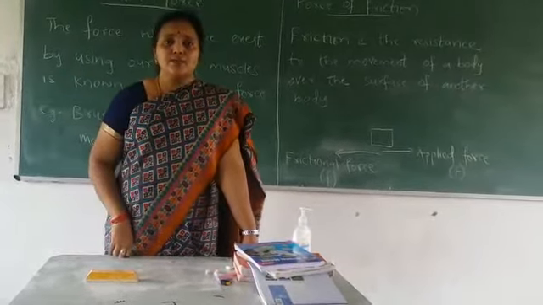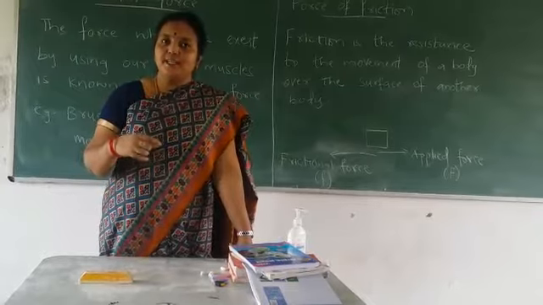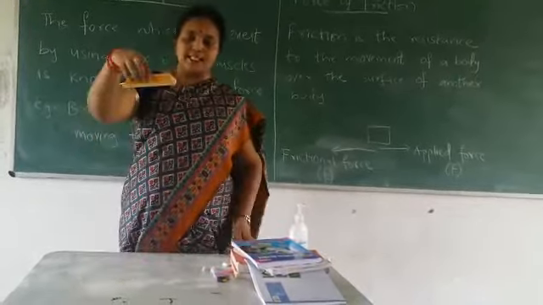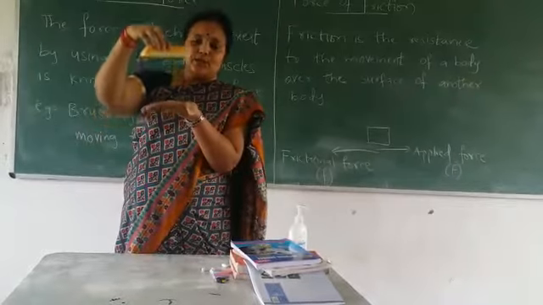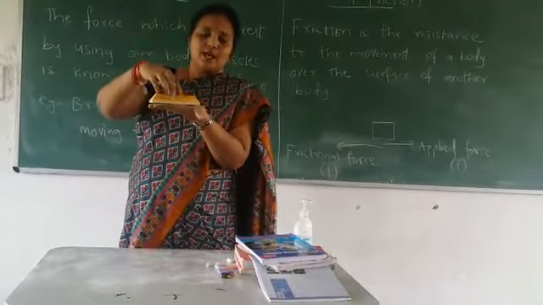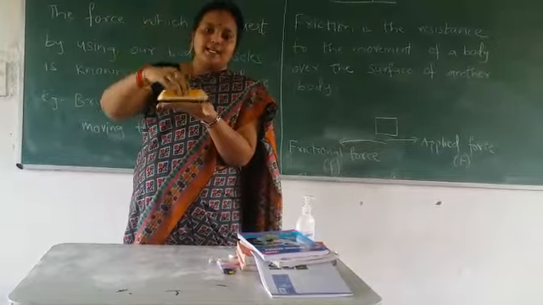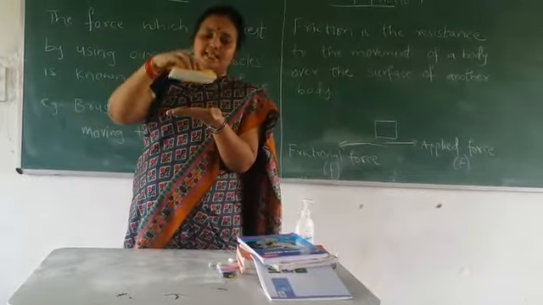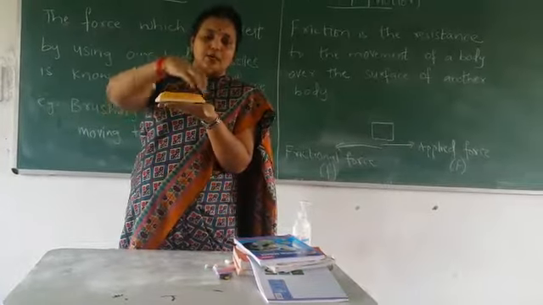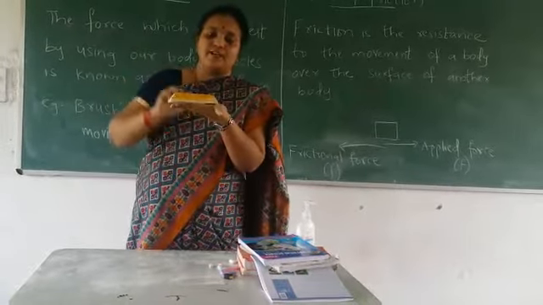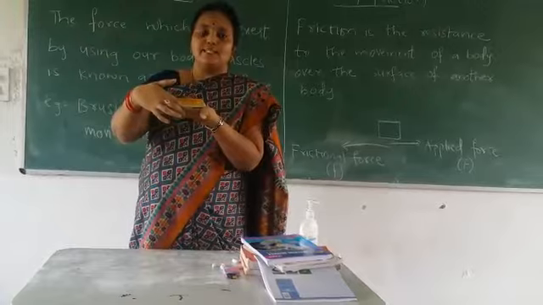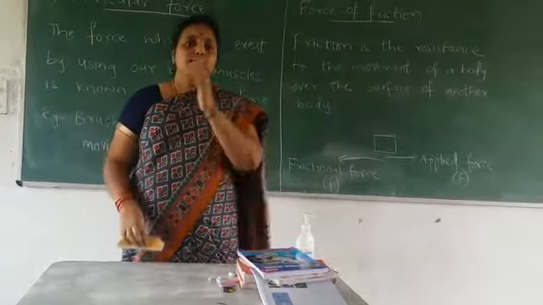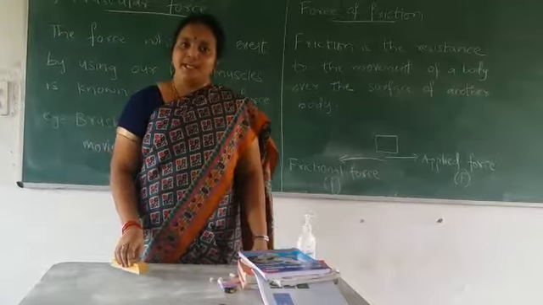Where is that force? That force is between the tyres and the road. When you apply the brakes, between the wheels and the road, between these two surfaces, frictional force is developed, which stops the bicycle.